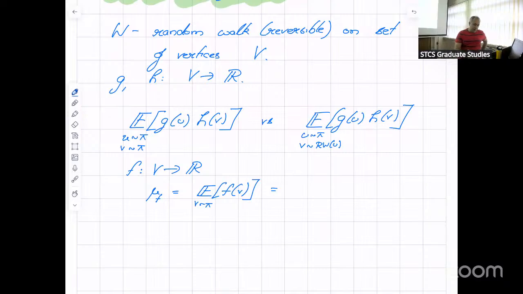Notice, if I had written the function in its eigenbasis, what would this be?